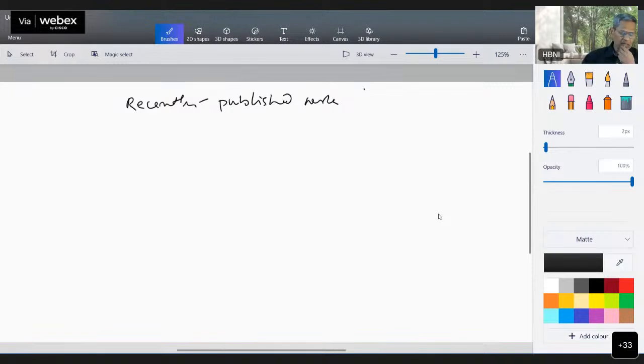Suppose you give a departmental seminar or oral presentation, you may not be understanding many of those things, but you present, and then you ask your expert, what I have understood is like this, and the expert will tell you their opinion, so that you can get a better understanding of the subject.